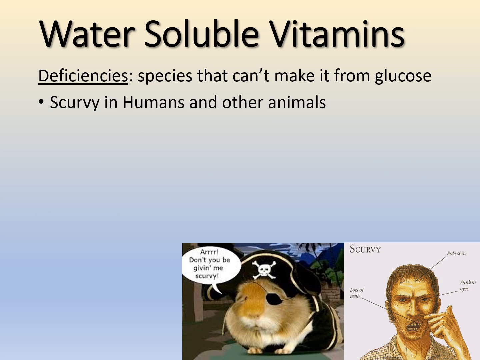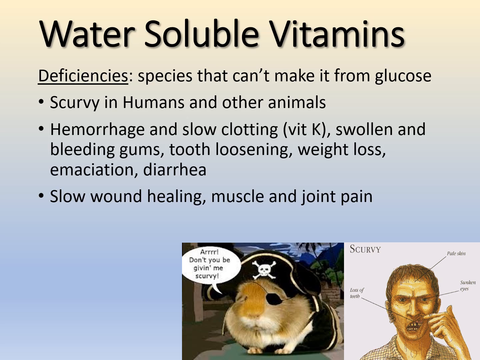So what are some deficiencies? And this is really only seen in species that can't make it, right? So we can see vitamin C deficiencies in humans and those other animals that can't make it, and we call it scurvy. So we can see scurvy in humans, so you can get hemorrhage, slow clotting, swollen bleeding gums, tooth loss, weight loss, emaciation, diarrhea, all that good stuff.